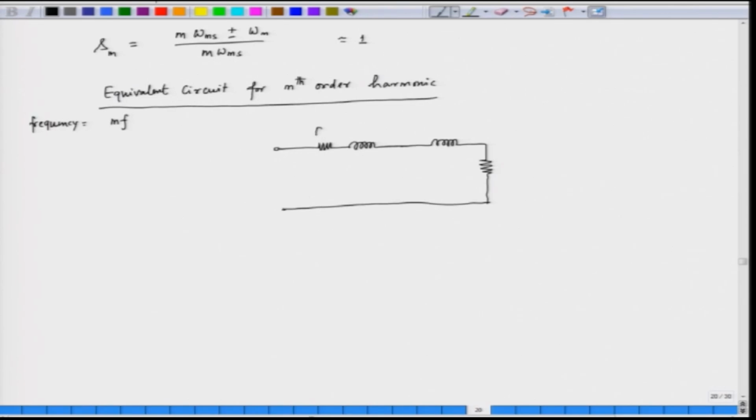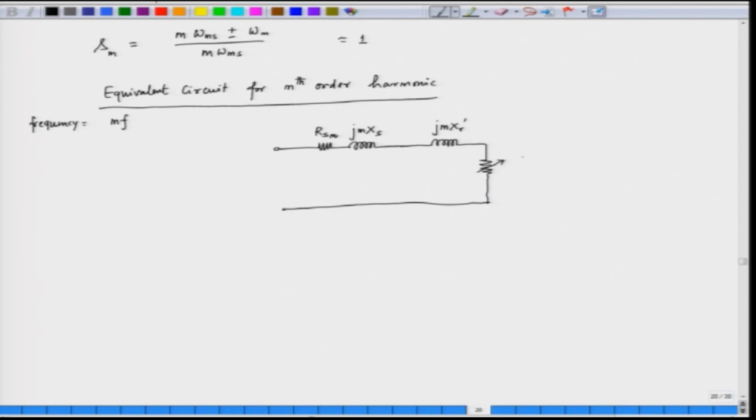Now, this is the stator resistance for the mth order harmonic and the reactance is Xs, but for the mth order harmonic the frequency is m times f. So, the reactance here will be m times Xs. In the rotor also we have XR prime, but here we have m XR prime. What about the rotor here?